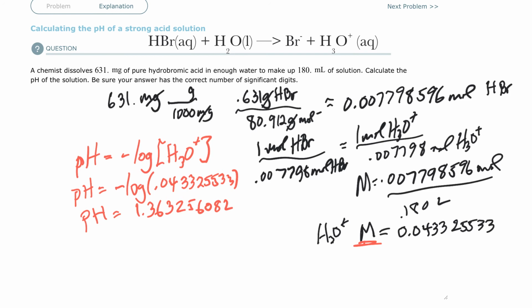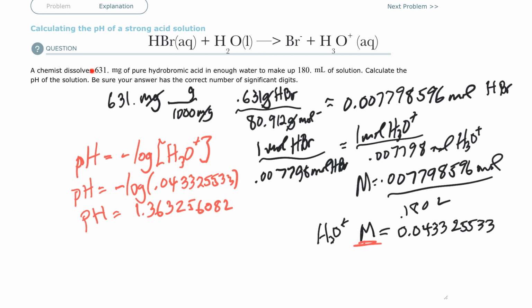Now, how many significant digits are we talking about? We've got 3 significant digits here, and there are 3 significant digits here. So you remember something a little weird in pH: the significant digits have to be the digits after the decimal point on a pH.